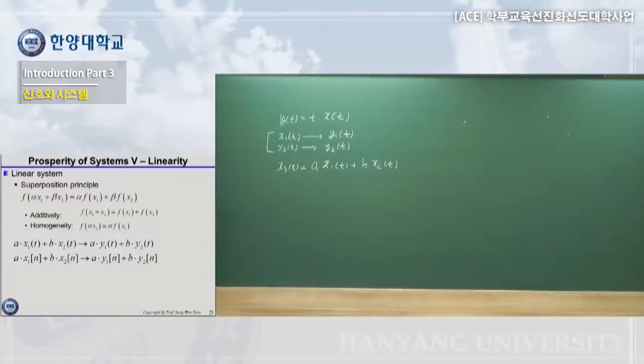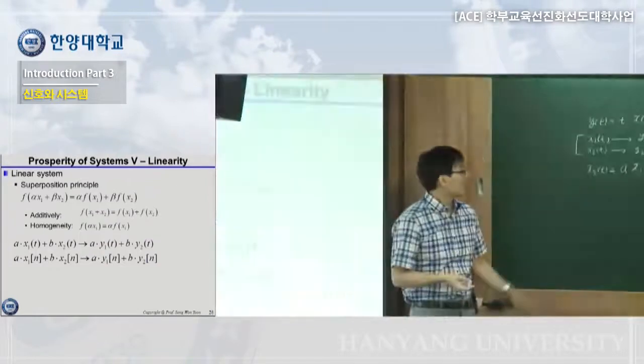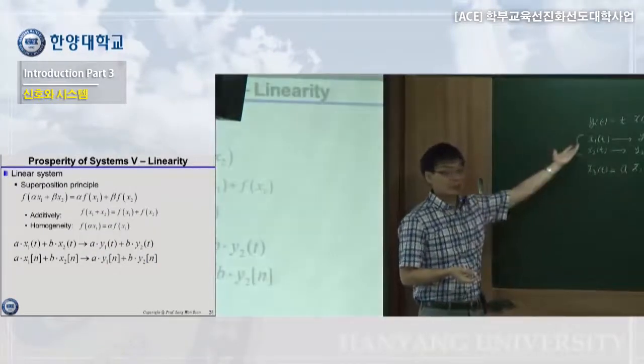This example is given in the book, example 1.17. So now we try to judge if the system is linear or not.